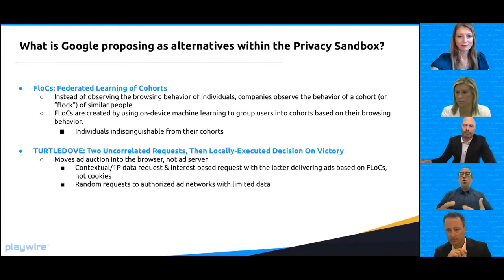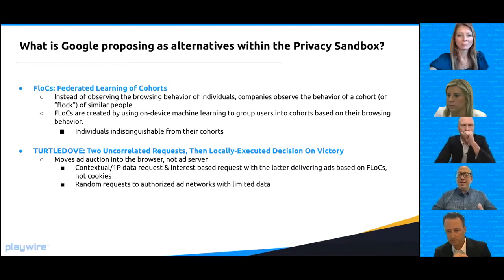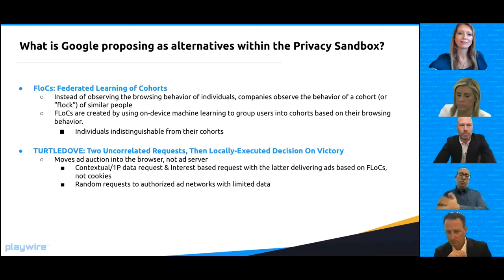So you're creating cohorts of people that have certain interests, people on websites about sneakers or music or what have you, and creating these interest groups that can then be used for targeting. But it sits in the browser. It's not a third-party cookie. It cannot be extracted and sold off. And the key here is that Google is saying they want to make the individuals indistinguishable within their cohorts, so that they cannot be individually identified.